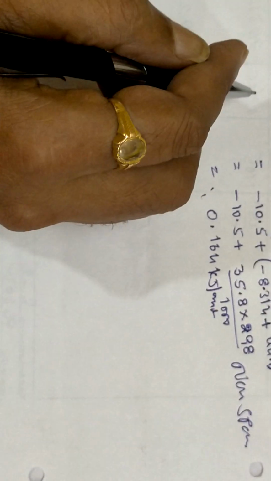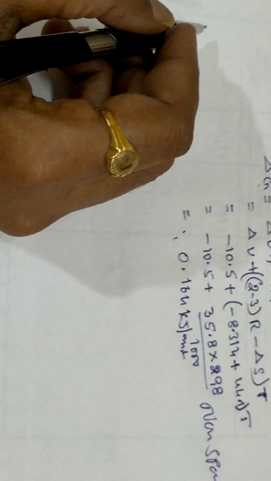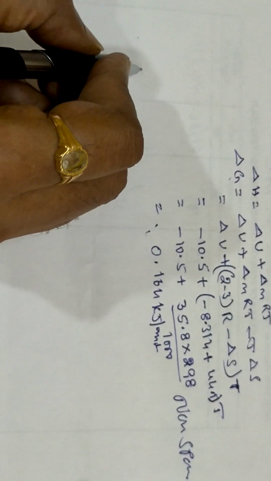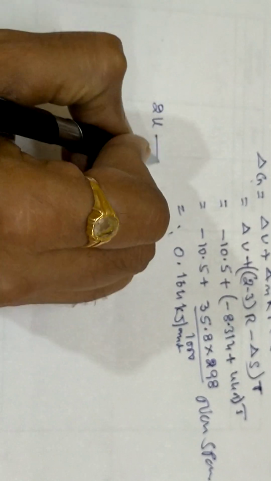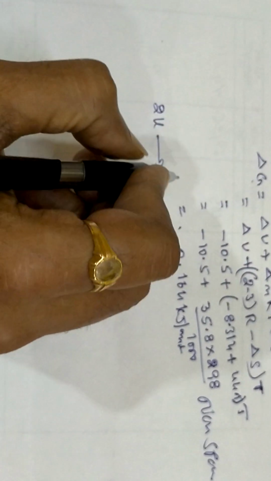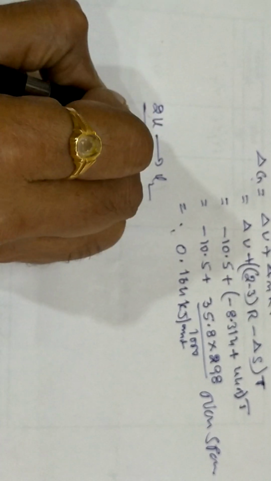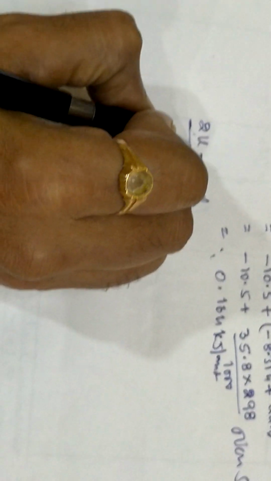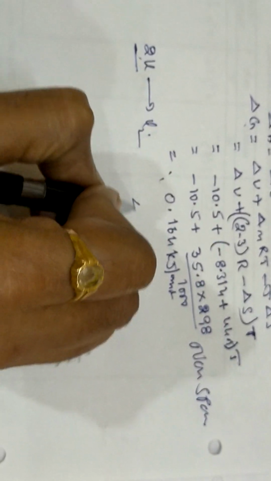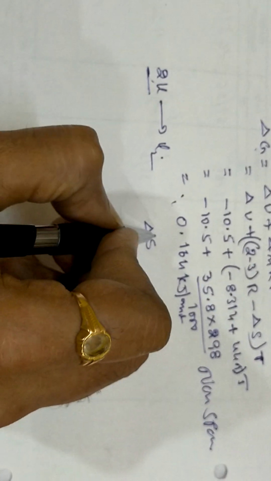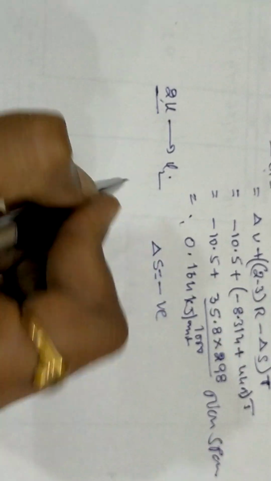Number 2, I think everybody understood. Now one more small question: 2Cl gives Cl2. What is delta H? Because the degrees of freedom are more in the atoms than in the molecule, delta S is negative.